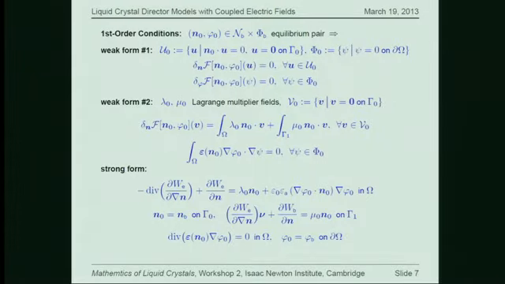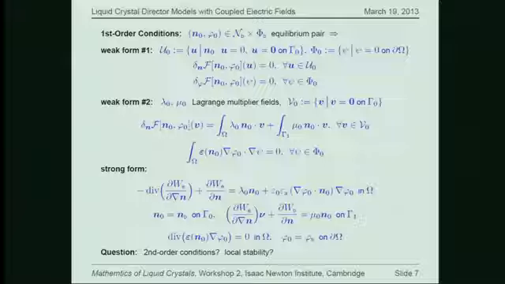This is sort of the equilibrium equation for n. N has to satisfy a prescribed strong anchoring condition on the Dirichlet portion of the boundary. The natural boundary condition that comes up on the free part of the boundary reads as follows. There's a Lagrange multiplier that is introduced in the boundary condition, and then the strong form of the electrostatic problem can be written in that form. It must agree with its specified Dirichlet boundary conditions.